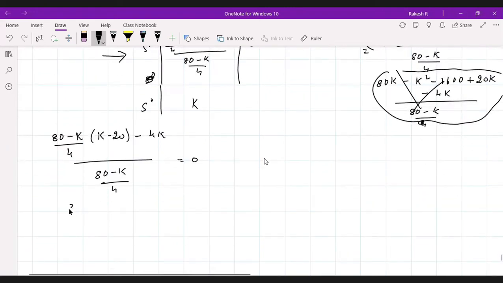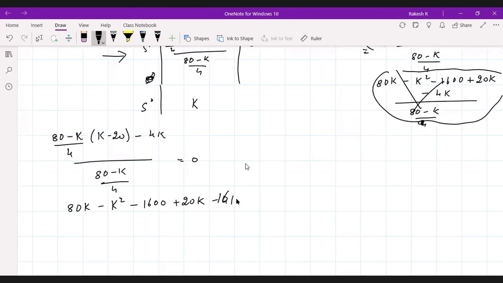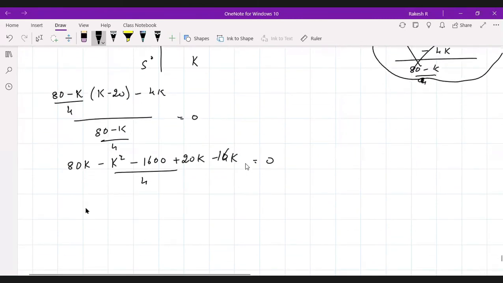Remaining, I'll write here: 80k minus k square minus 20 into 80 is 1600, plus 20k minus 16k, whole divided by 4, is equal to 0. So this becomes minus k square, and 20k plus 80k becomes 100k.